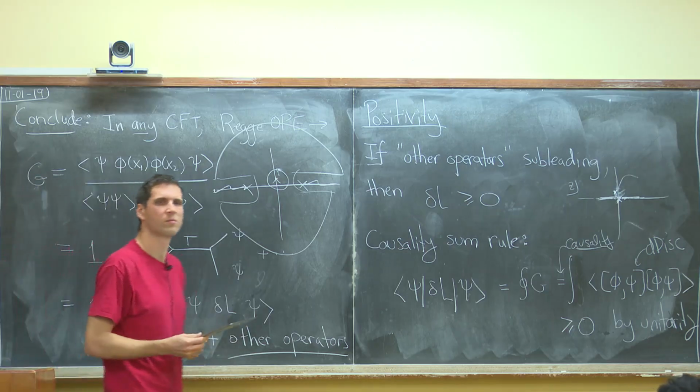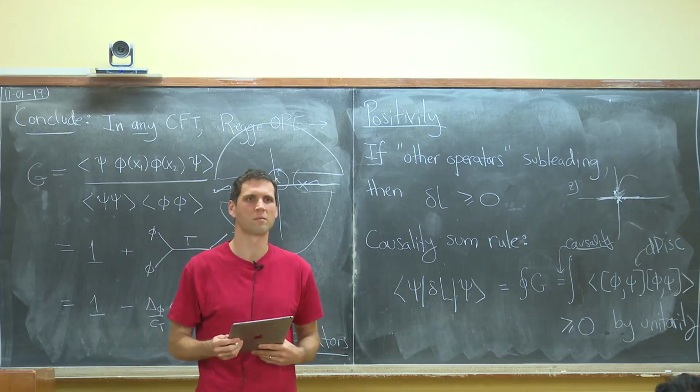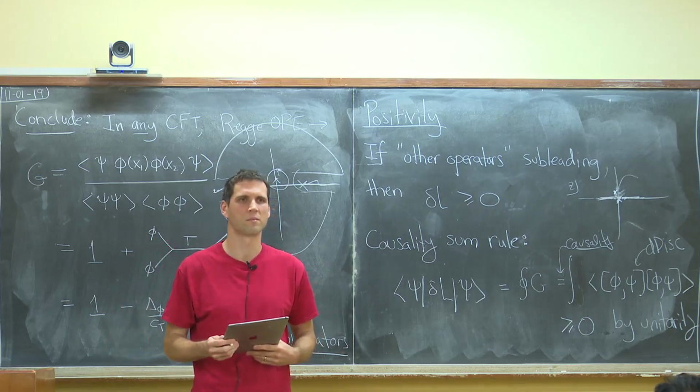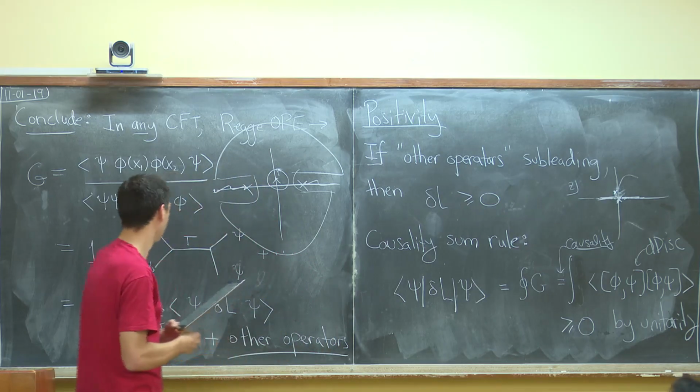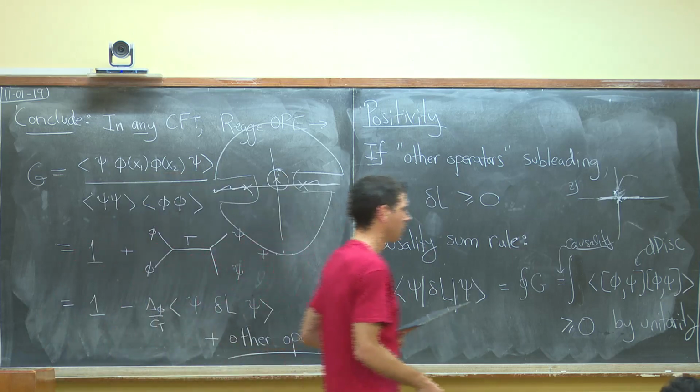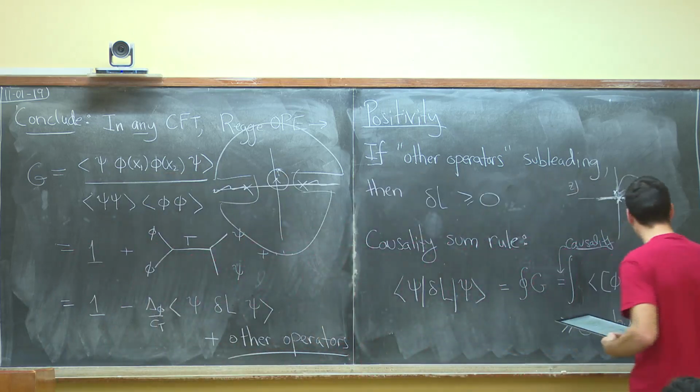Just one clarification. You said if other operators are subleading, does that necessarily mean that you've now gone to CFT with a gap? I'm coming to that next. And where do you use that when you show delta x greater than or equal to 0?